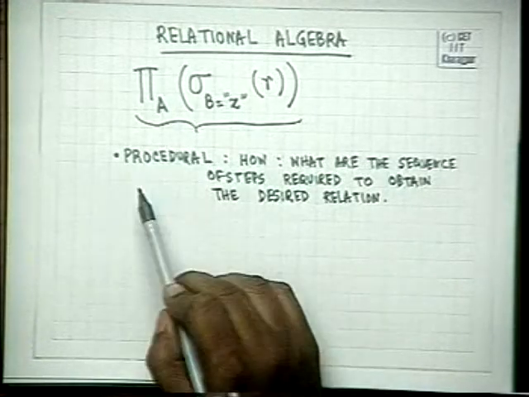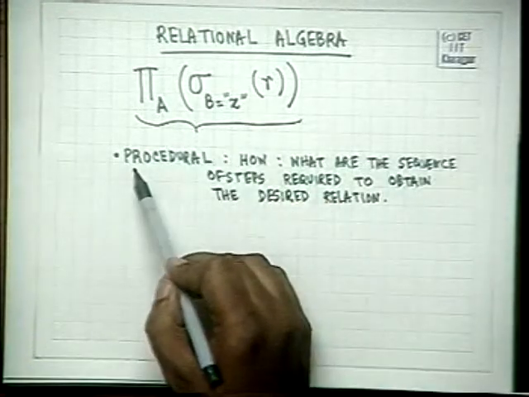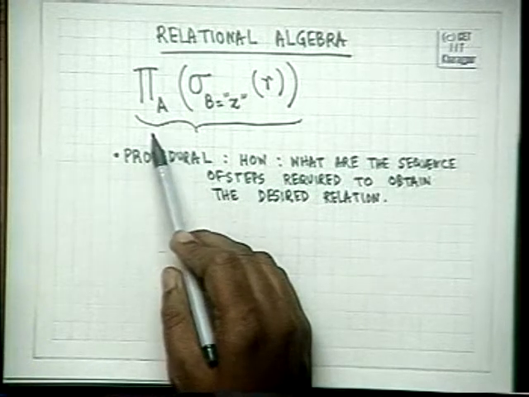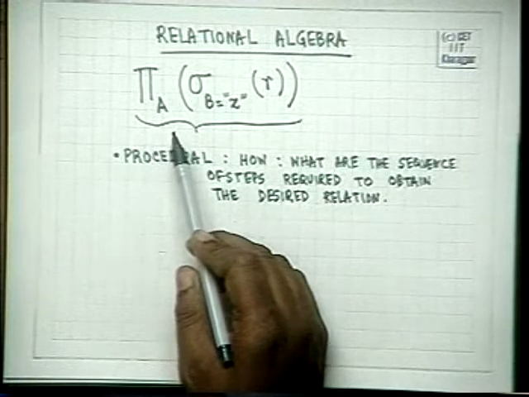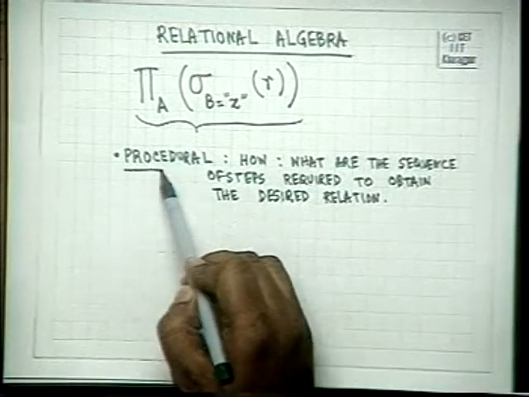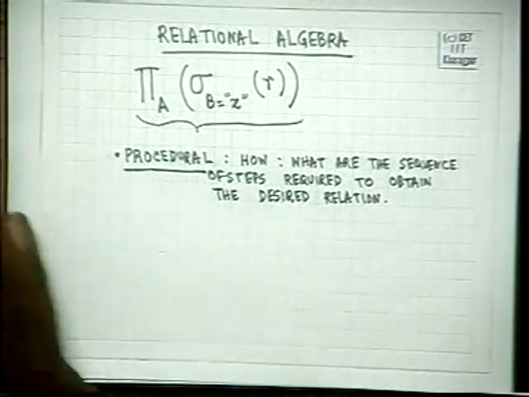So that is what relational algebra is, a mathematical mechanism for defining new relations over a relation scheme, but it is procedural in nature. The difference between relational algebra and relational calculus mainly stems from this procedurality of relational algebra.